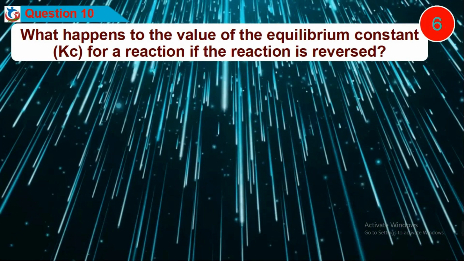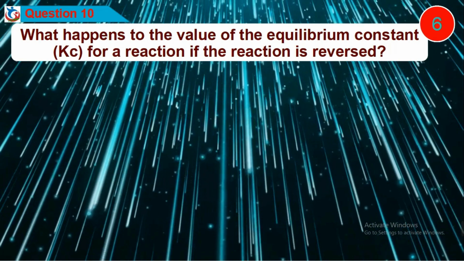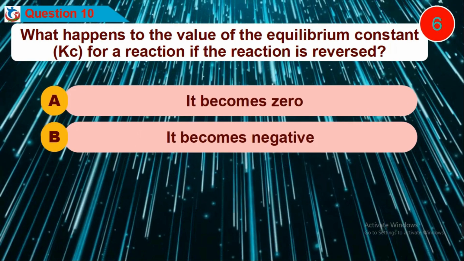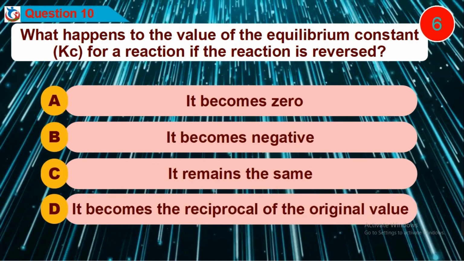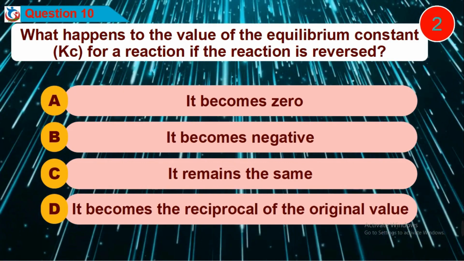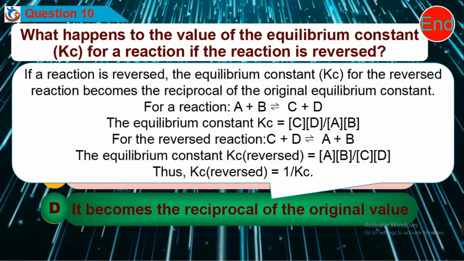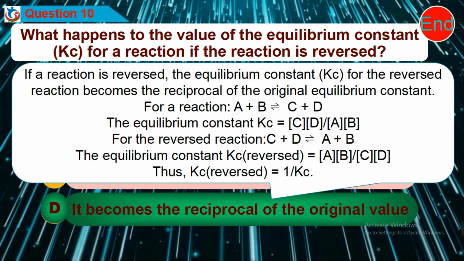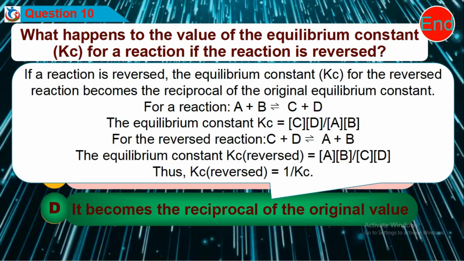Question 10. What happens to the value of the equilibrium constant for a reaction if the reaction is reversed? Is it option A, B, C, or D? If a reaction is reversed, the equilibrium constant for the reversed reaction becomes the reciprocal of the original equilibrium constant.